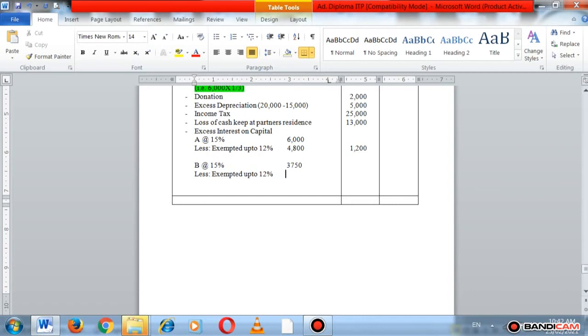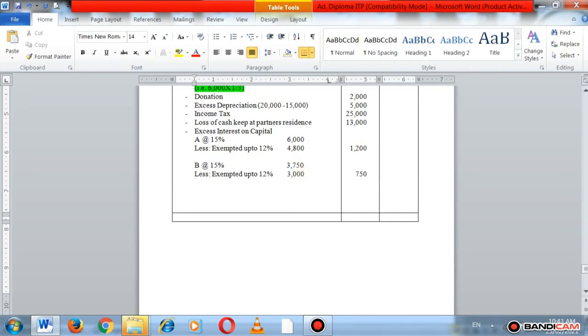That is exempted rupees 3,000. So taxable is rupees 750. 750 is taxable.